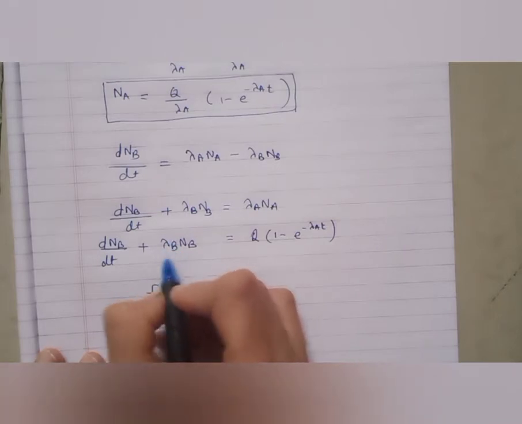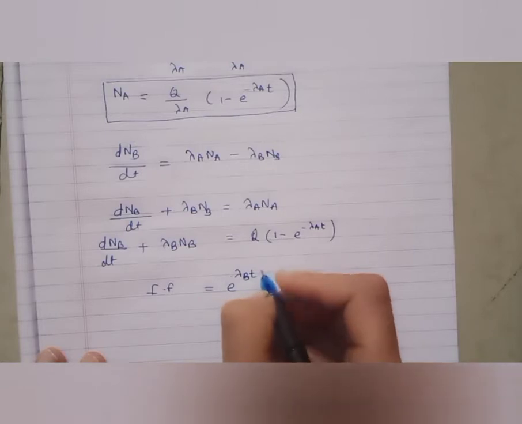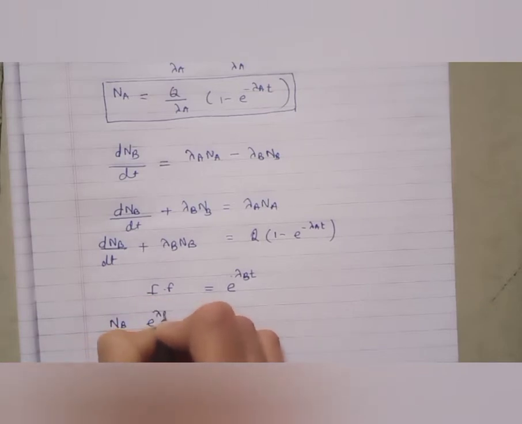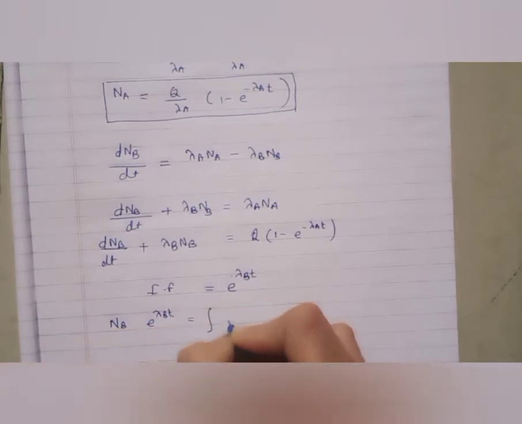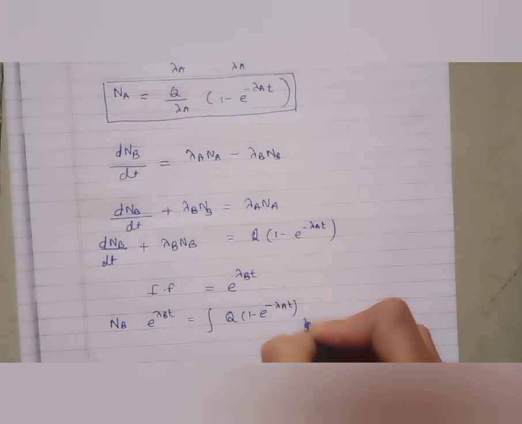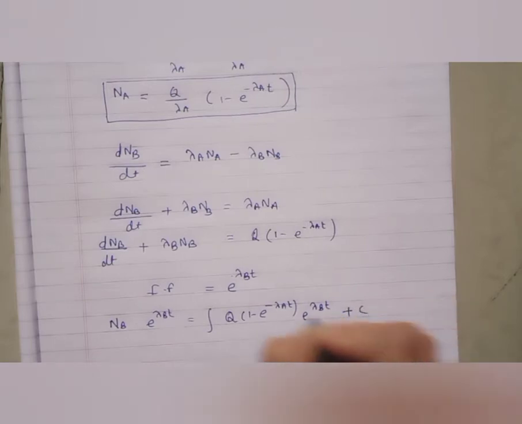So that is e raised to lambda b t, and the solution is y, that is Nb multiplied by the integrating factor, equals the integration of q, where q is q into 1 minus e raised to minus lambda a t, multiplied with e raised to lambda b t, that is the integrating factor, plus c.